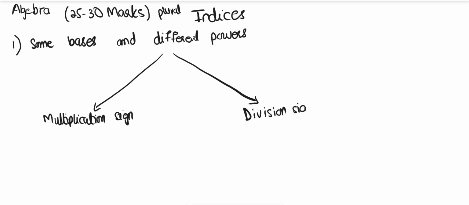Now, what do we mean by that? Imagine we have two same bases, let's say x and x, but we have different powers. So here it is x power 2, and here we have x power 3, and we have a multiplication sign in between. What's going to happen?